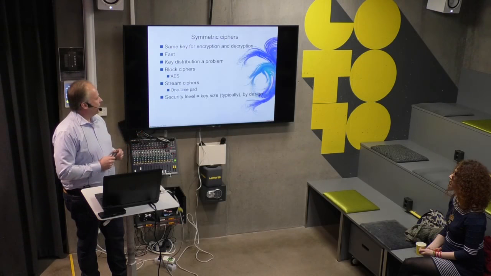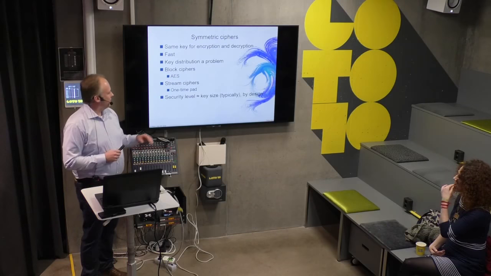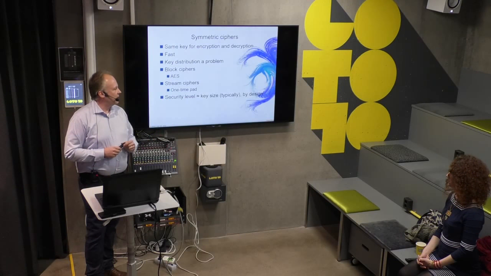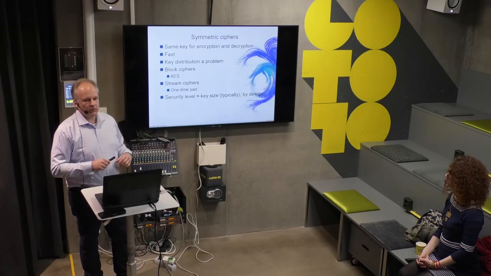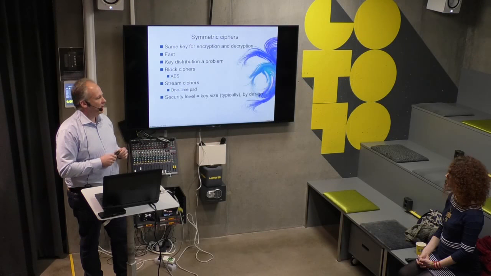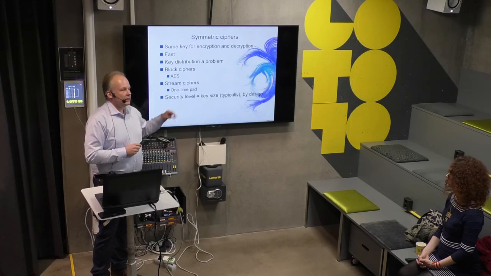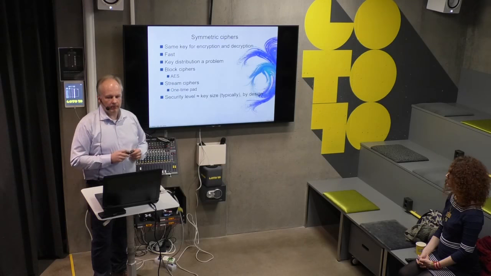And typically, by design, when these algorithms are designed, they aim at having a security level equal to the key size. And over time, this decreases, obviously, because mathematicians and security experts find vulnerabilities. But by design, the security level is the same as the key size. That's a rule of thumb.